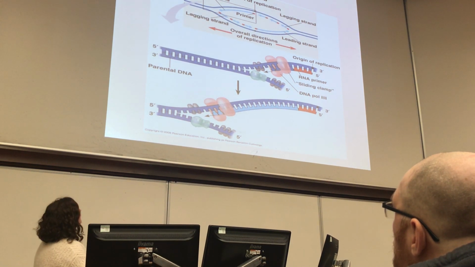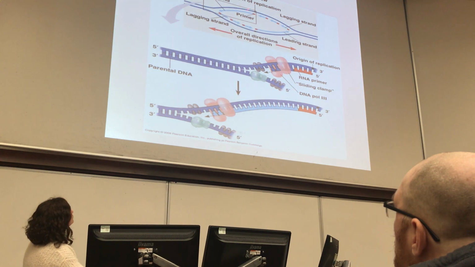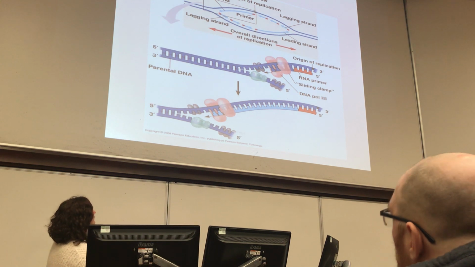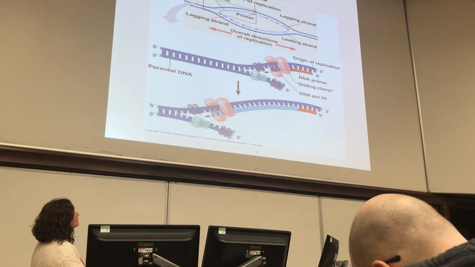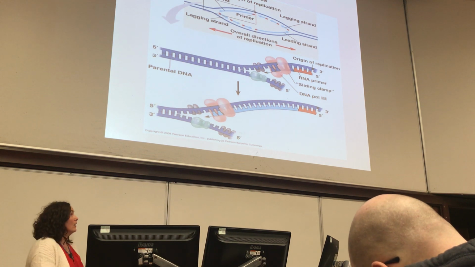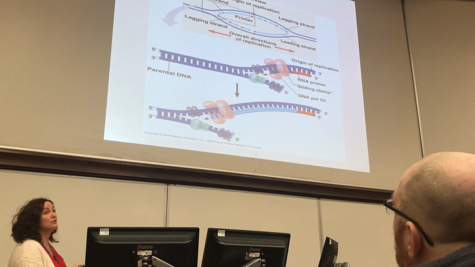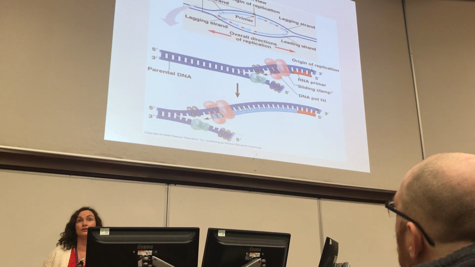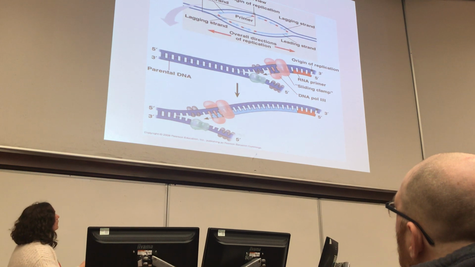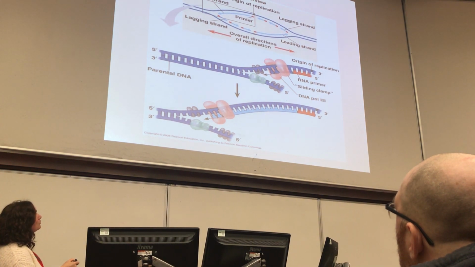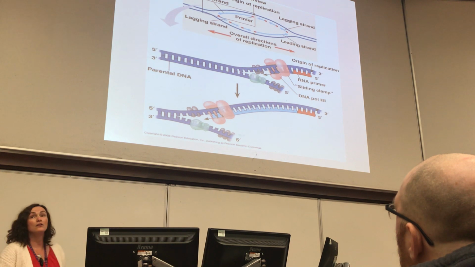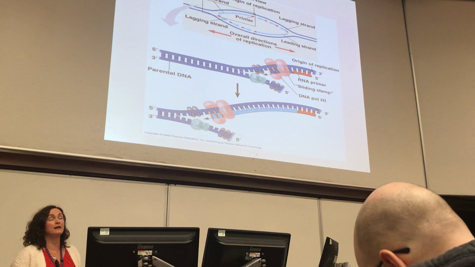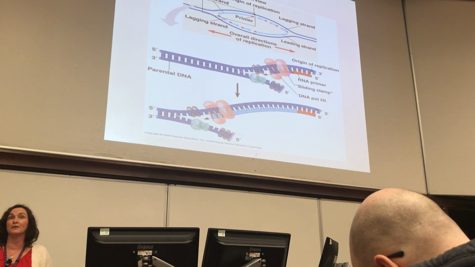So if we take the replication bubble and just look at the top strand, you can see that the enzyme helicase has come along and it's unwound the parental DNA into two single strands at the origin of replication. We also have what are called single-stranded binding proteins. They attach as soon as the DNA helix is unwound to ensure that the single strands do not reanneal and form the helix again.